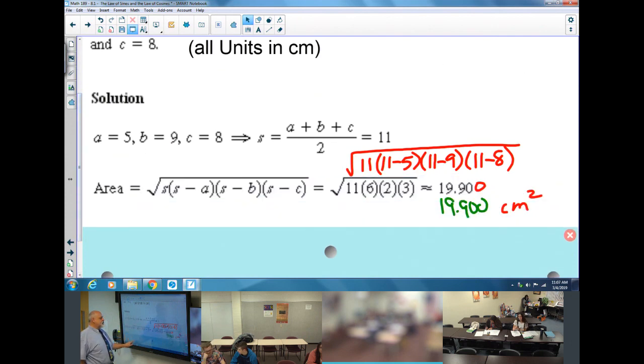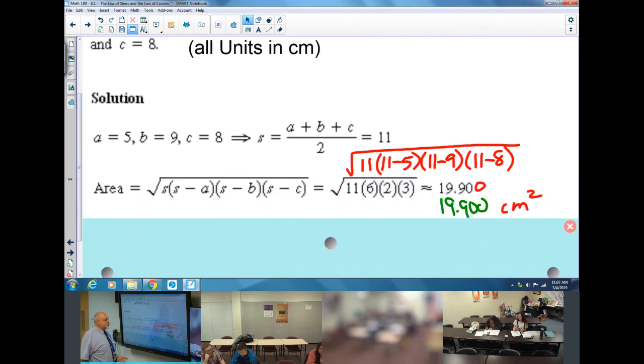Okay. So 6 square root of 11 is the exact answer, and I like that answer just fine. So let's write that 6 square root of 11. Or as a decimal, that would be 19.900. And the units for area are squared.